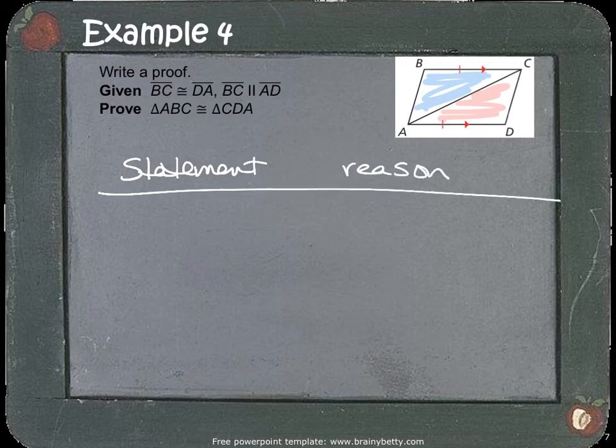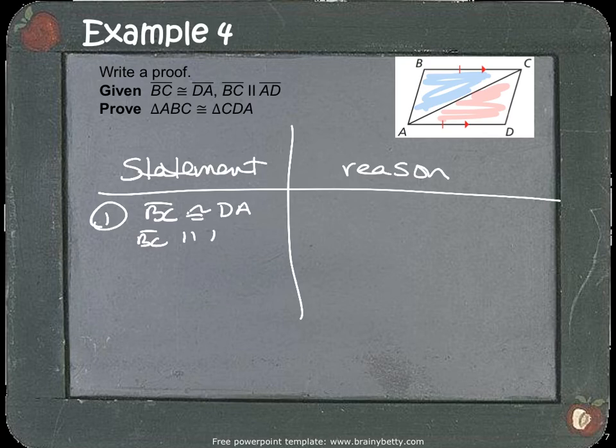So let's go ahead and first state our given. So we'll make our statement column and our reason column. And now we're going to state the given: BC is congruent to DA, and BC is also parallel to AD. That was given.